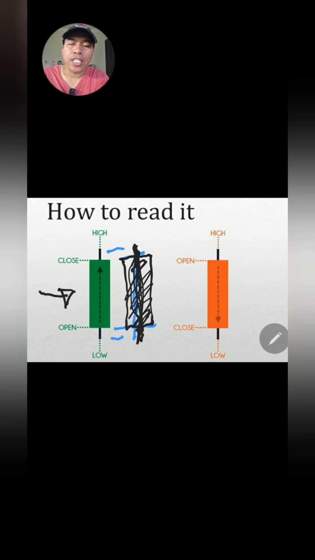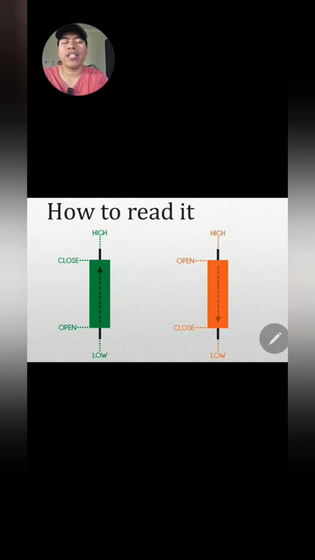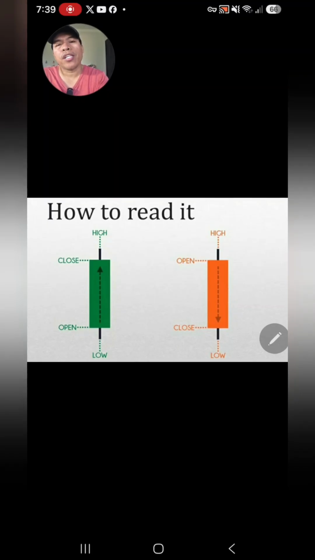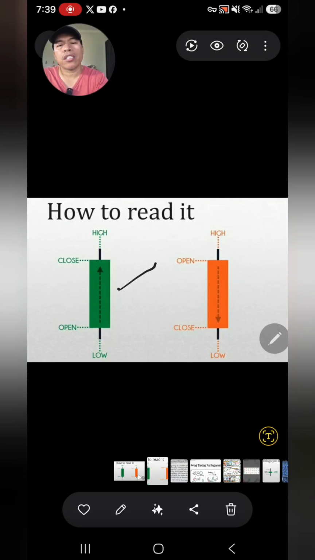So that is the meaning of the color of the candle and the body of the candle. It tells us the time frame, whether that is for the day or for an hour, whatever. And the wick shows us the shadow, where the seller and the buyer left behind during the tug of war.